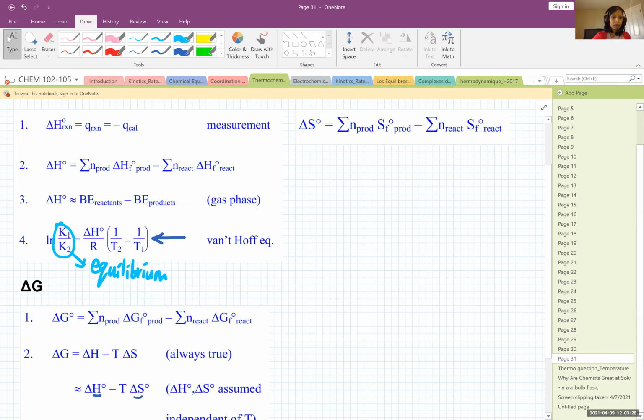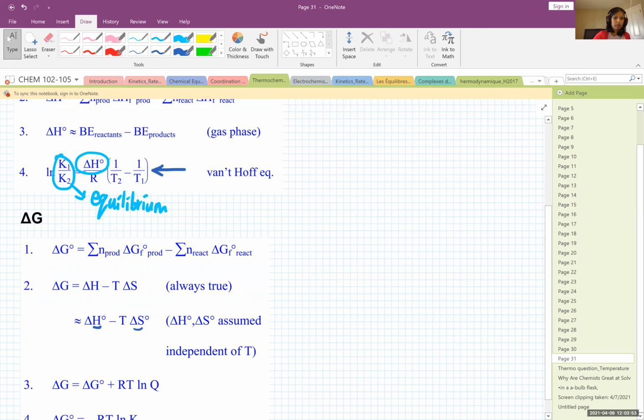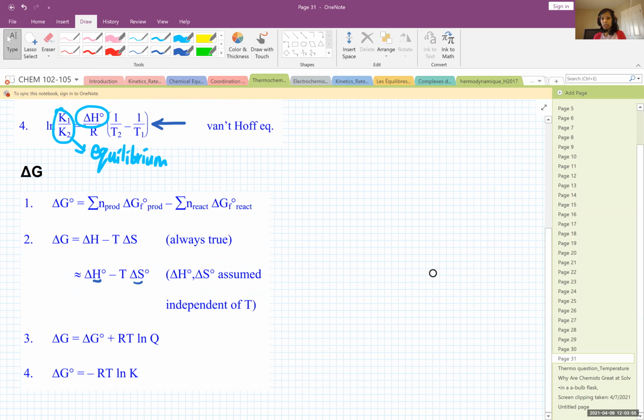If you have a question where you're given enough information to find equilibrium constant 1, and you're given the second equilibrium constant, or whichever you need to calculate, if you've got information about equilibrium constants at different temperatures, you can use this equation to calculate delta H of the reaction. And the different methods to calculate delta G are here.